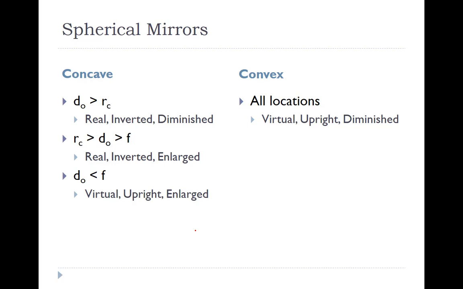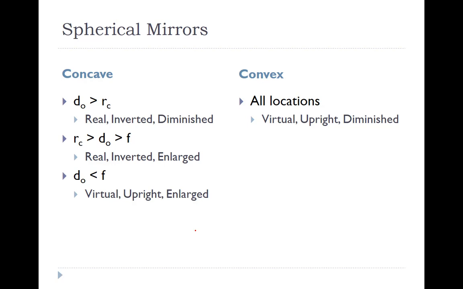If it's between the center of curvature and the focal point, then it's real, inverted, and enlarged, or magnified, or bigger. I have all sorts of words going here. And if it's in between the mirror and the focal point, then the image is virtual, upright, and enlarged.